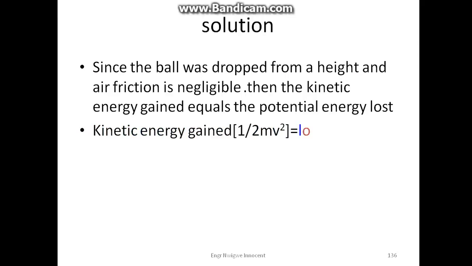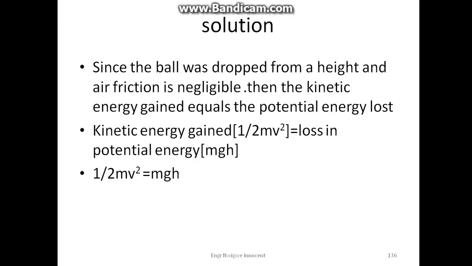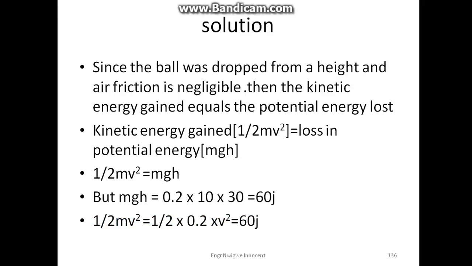Kinetic energy gained, half mv squared, is equal to the loss in potential energy, which is mgh. Half mv squared is equal to mgh, but mgh is equal to 0.2 times 10 times 30, which is 60 joules. Half mv squared is equal to half times 0.2 times v squared, which is equal to 60 joules.